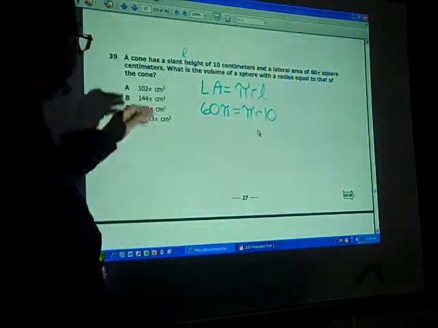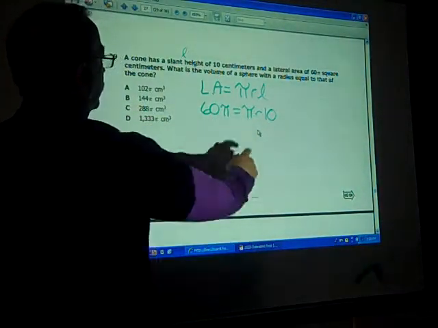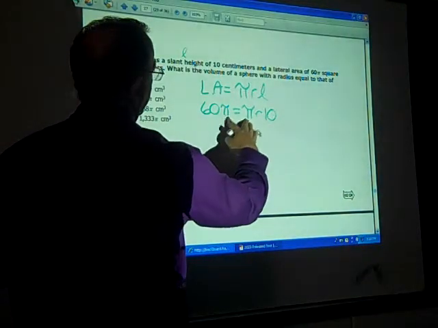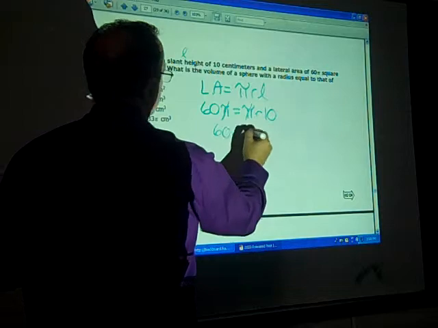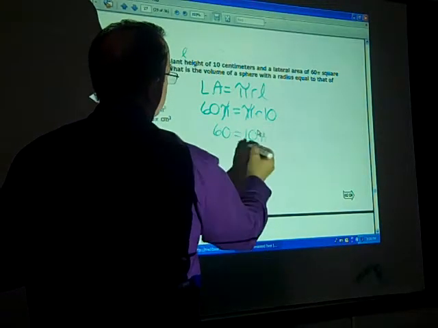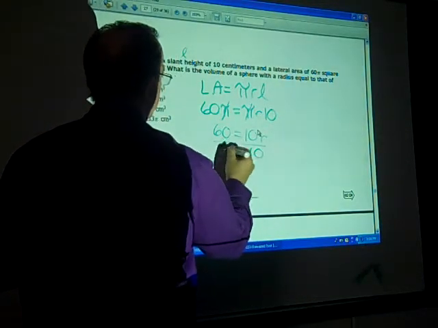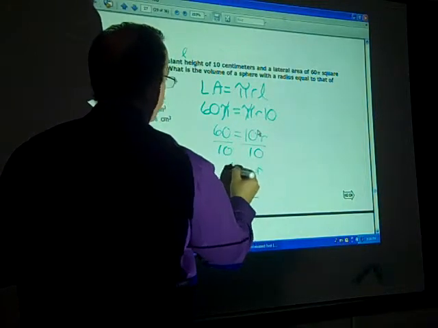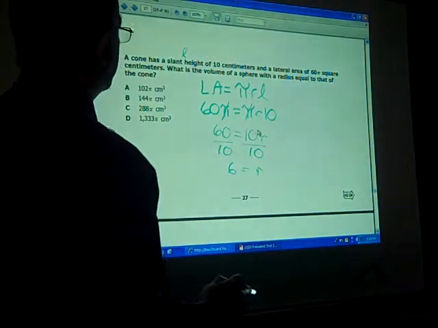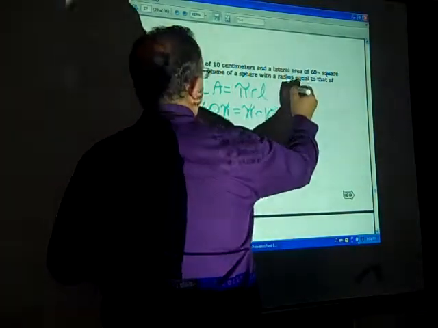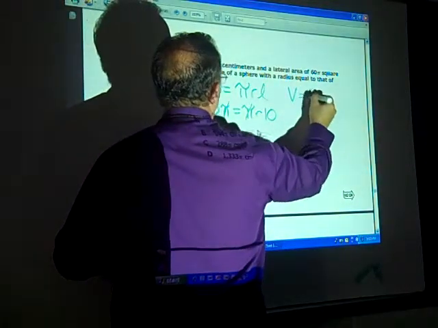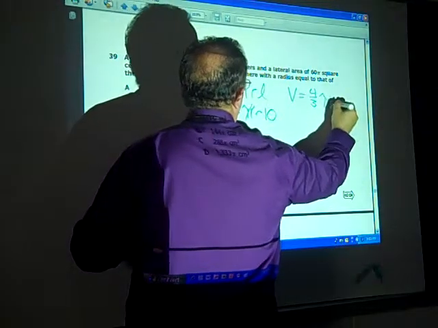Now we just have to get rid of everything over here except for the r. Well, we can get rid of the pi because they're on both sides. So now we've got 60 equals 10r. To get to r, we're going to divide by 10. So r equals 6. So now we know the radius is 6. We want to know the volume of the sphere with that radius. So the volume of the sphere is 4/3 pi r cubed.